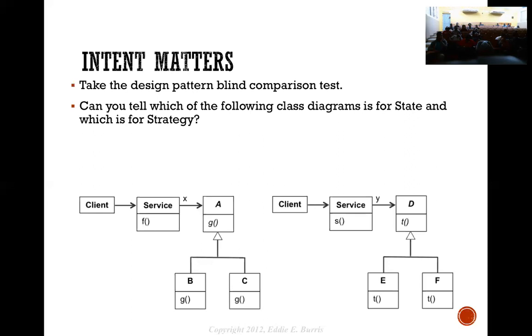But a strategy pattern is used to implement algorithms, a particular algorithm based on an object type. So it basically causes you to have a different kind of algorithm based on a particular state or value.